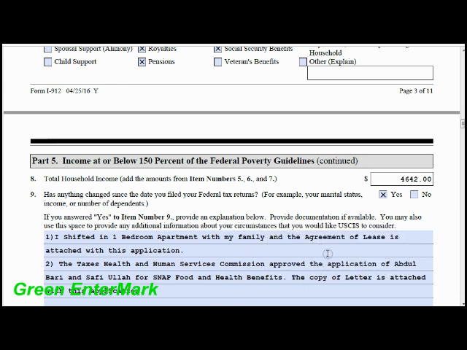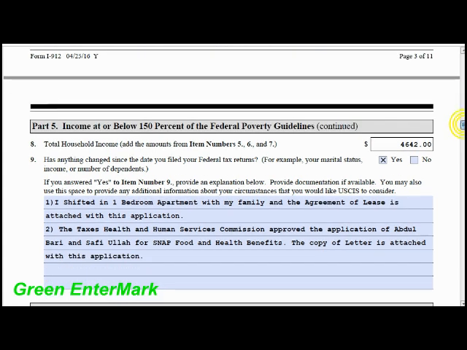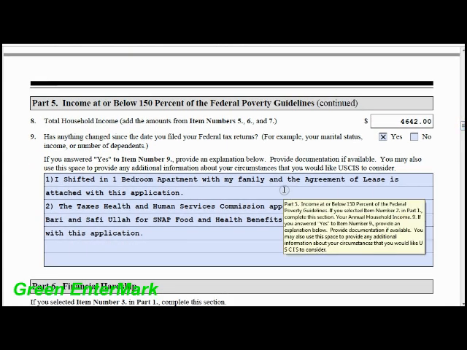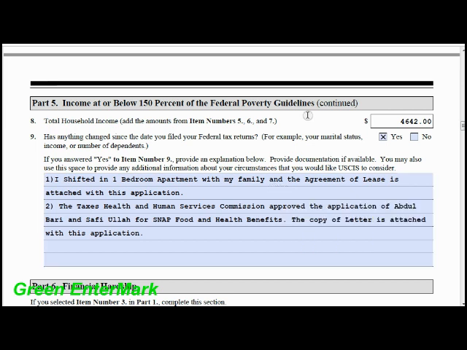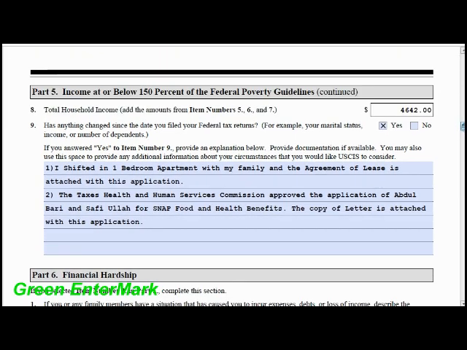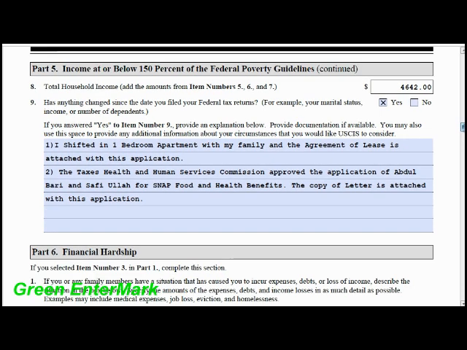This is for any current change. All these incomes are based on last year's statements, so you have to provide a copy of proof. With this, part 5 ends.